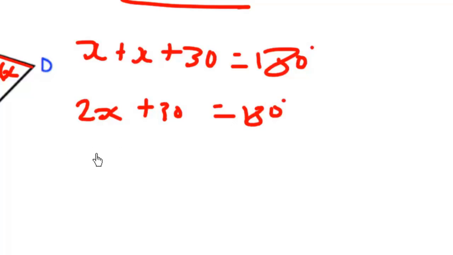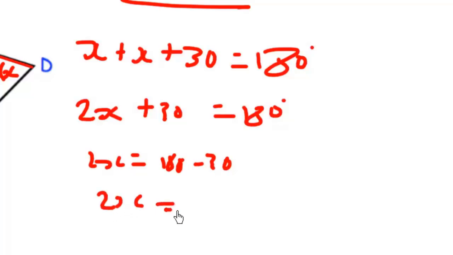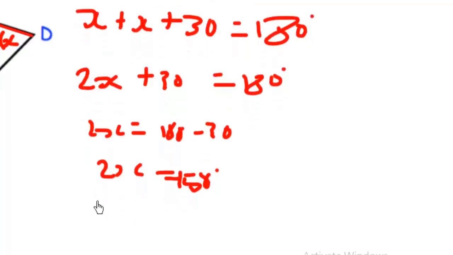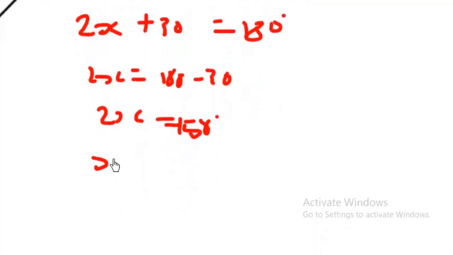Hence, 2x will be equal to 180 minus 30, and 2x will be equal to 150 degrees. So X will now be equal to 75 degrees. Good.